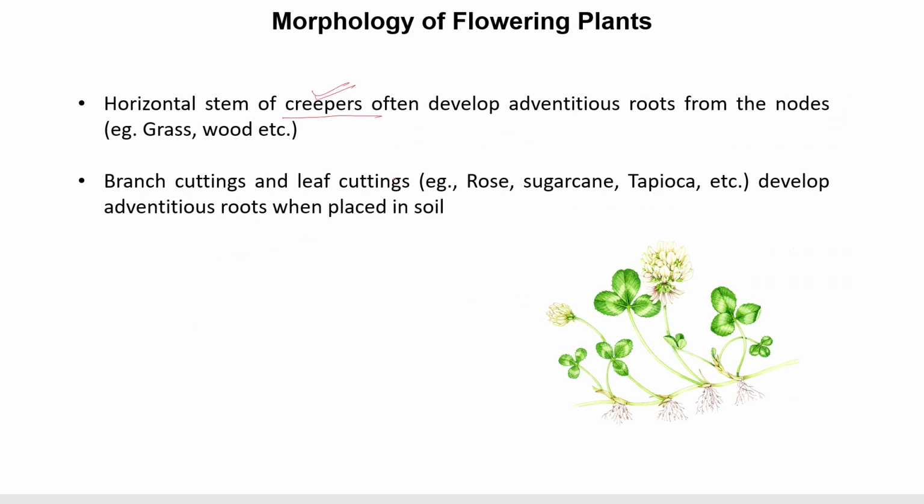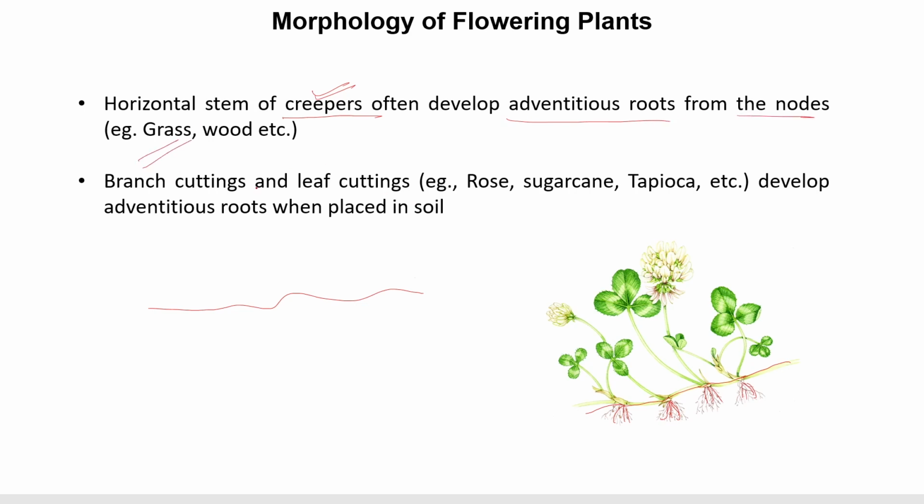Creepers are weak plants, so they generally creep on the ground like this. For example, mint, grass. So here you can see adventitious roots coming out from the nodal region. Horizontal stems or creepers often develop adventitious roots from the nodes.